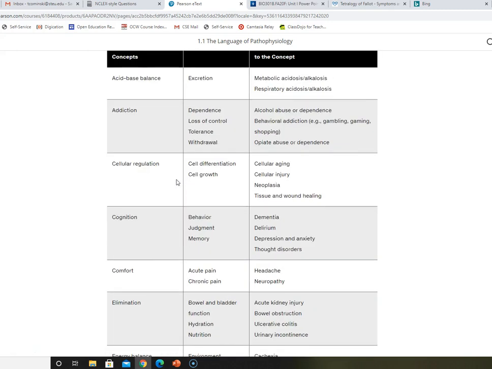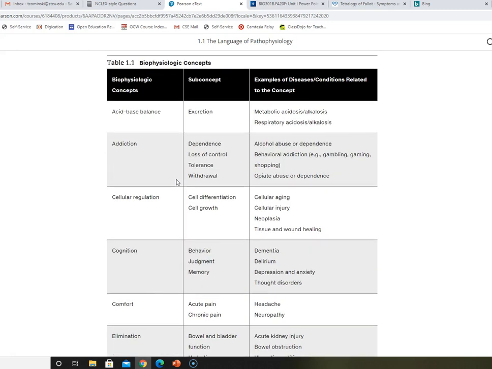I actually have a PDF of this in Moodle, and I think it says that in the PowerPoint, but this is a much neater way of looking at it, so I figured I'd show you if you don't have the textbook just yet. But again, this is the main concept, right? These biophysiologic concepts. Here's a sub-concept related to it, right? And some examples of diseases that are related to these concepts, essentially, okay?